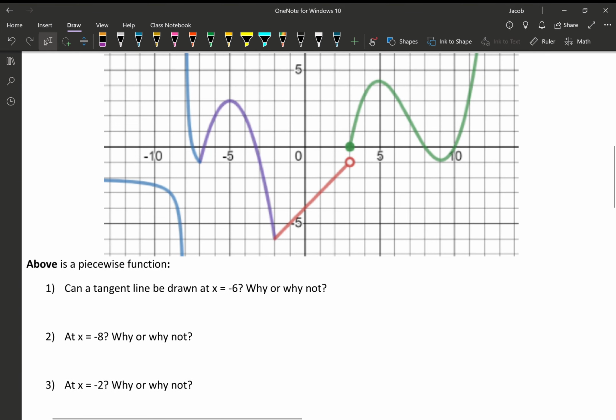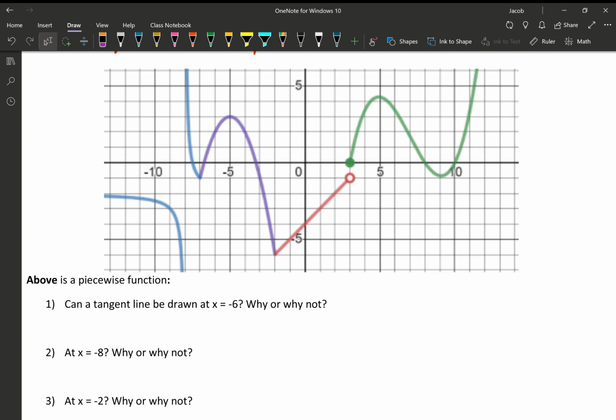All right. Now, here are some questions you might run across. Can a tangent line be drawn at x equals -6? Here is -6. We have a point, so yes, we have a point, and yes, we have a slope to reference.